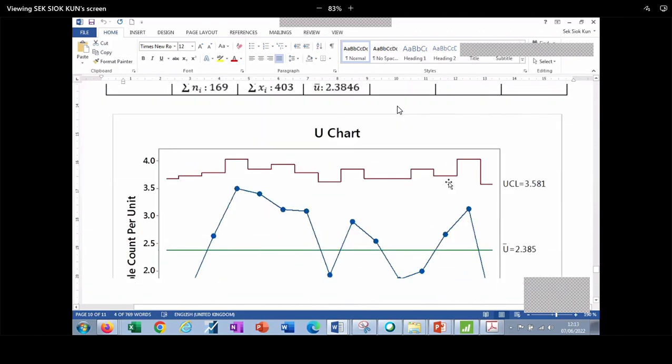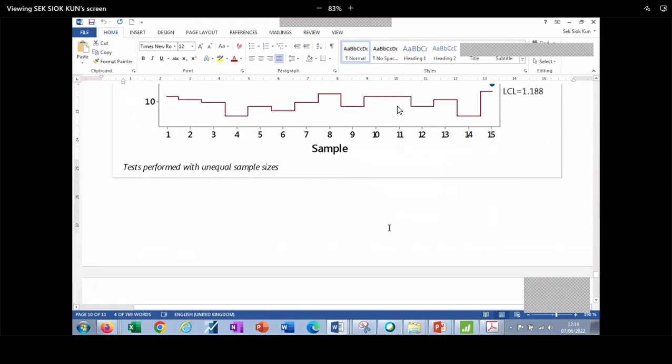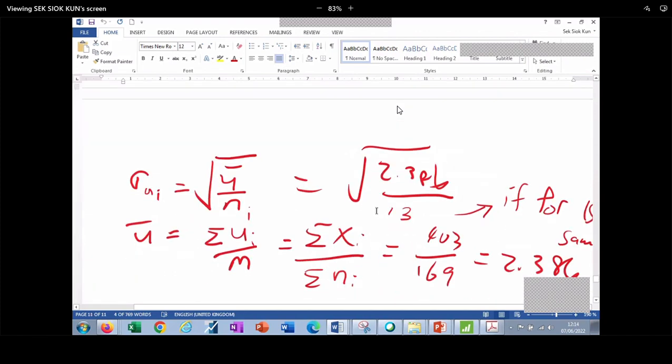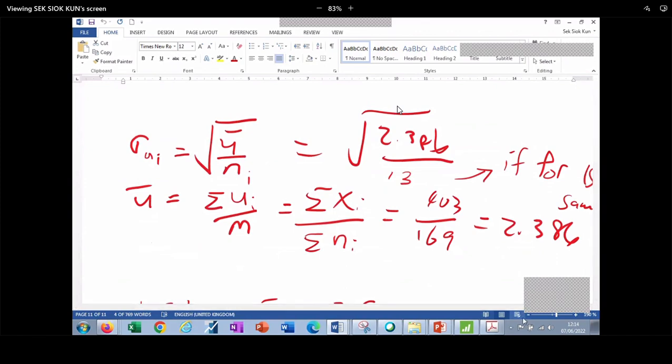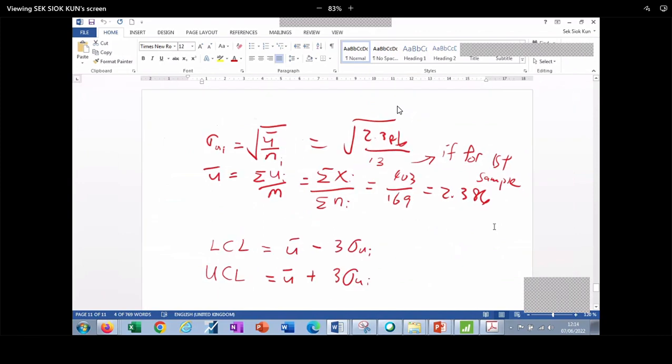Okay, so from there you may plot the U chart. So this is what you get. From here, we still observe the process is in control. So this is just an example of how to calculate for the first sample.